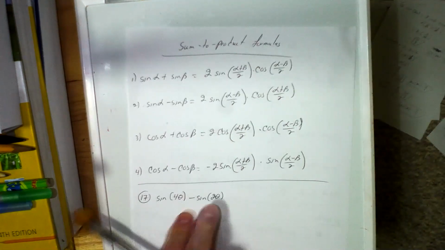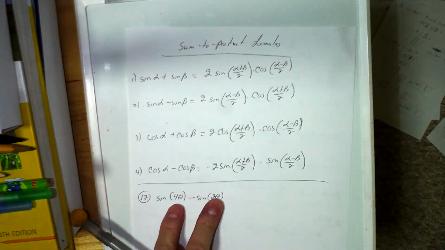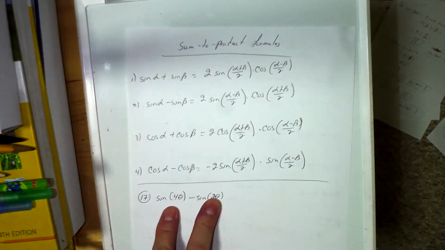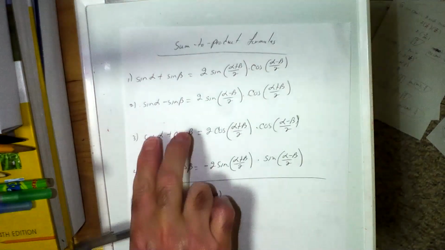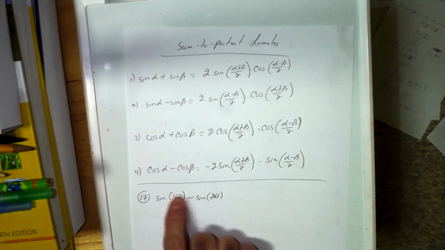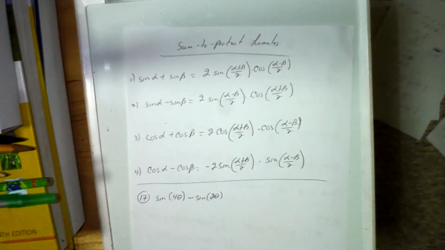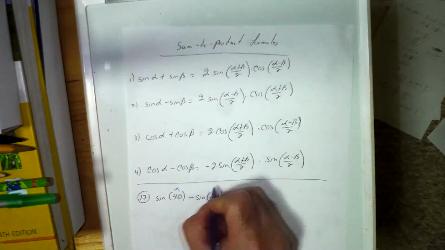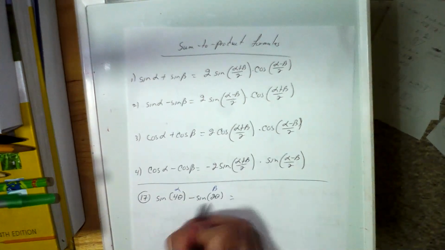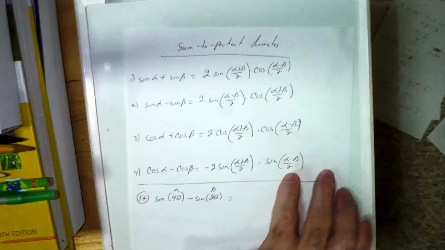What does this format look like in terms of these formulas? This one's going to match the second one, right? So all you do is plug it in. This is your alpha, this is your beta, and you directly substitute those two values in for your alphas and betas.